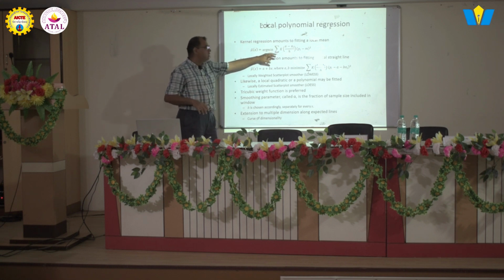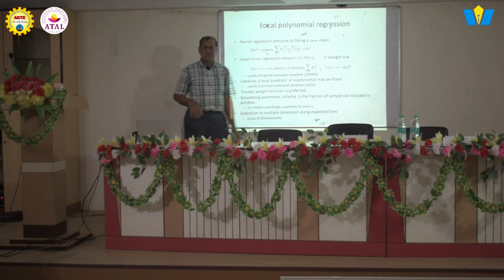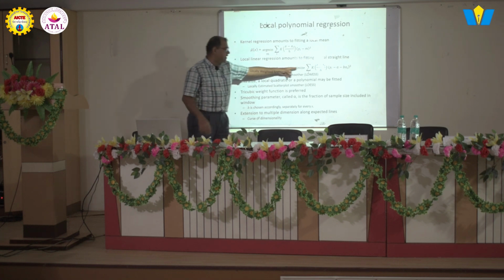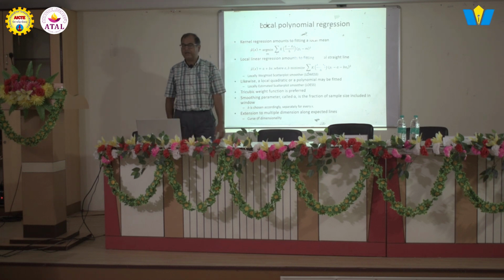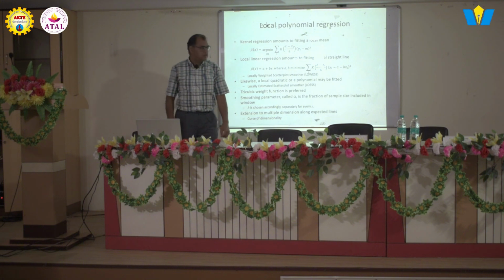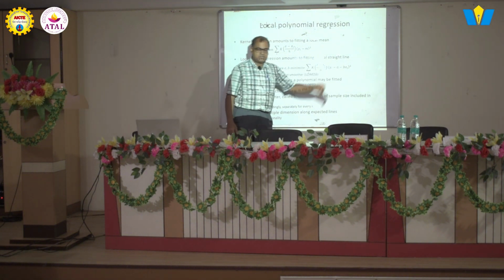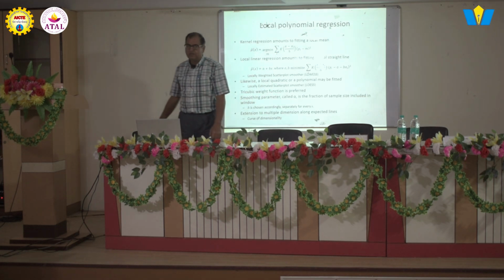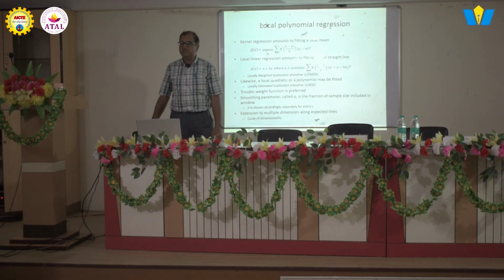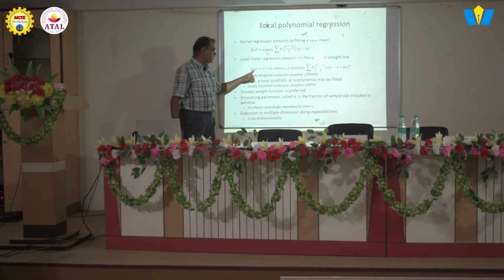But suppose instead of trying to find the best constant, you are trying to find the best straight line. Then it will look like this. Okay? What is the best straight line? That means you have to choose the slope and the intercept parameters. So what selection of the slope and intercept is going to give you a straight line which is best for that location?